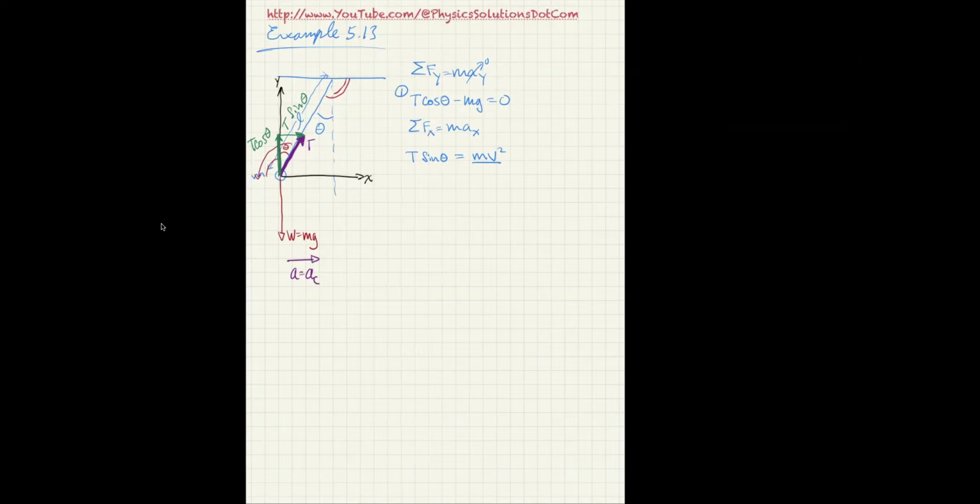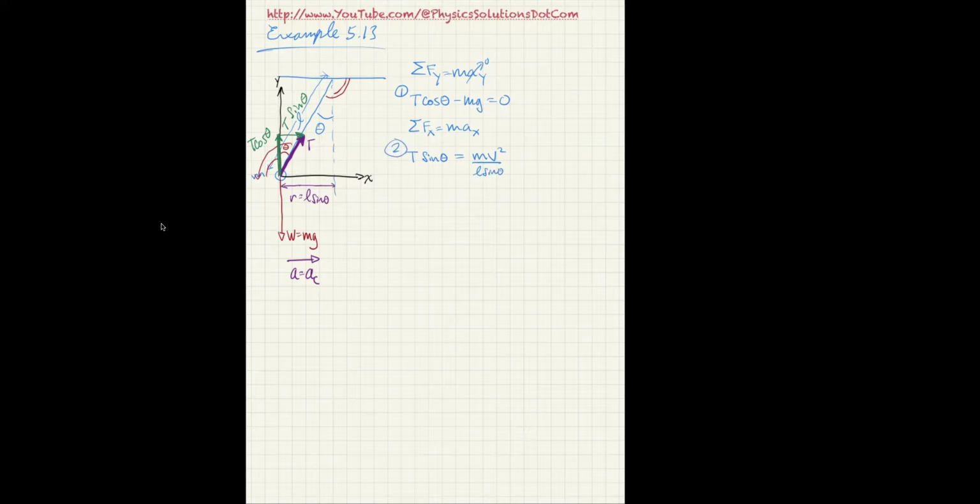It says R is equal to L sine theta, and you can obviously see that as well. I will indicate it right here. That distance is R, which equals L sine theta. So down here, I'm going to put L sine theta in blue, like that. And that's going to be equation 2.